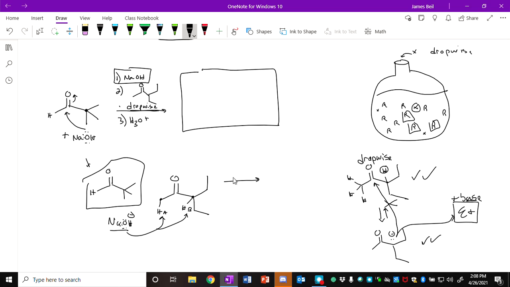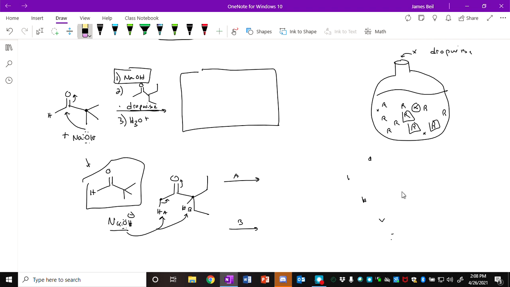So if we look at A versus B, if the NaOH picks off this proton, electrons would swing up to the oxygen. During the transition state, the OH minus would start to form a bond there with that proton.